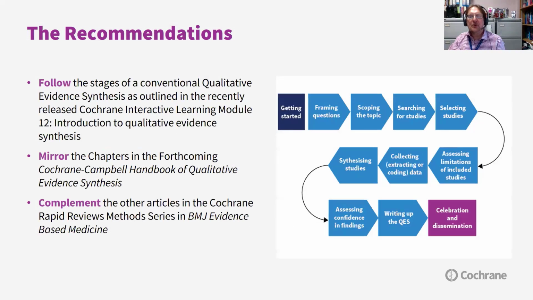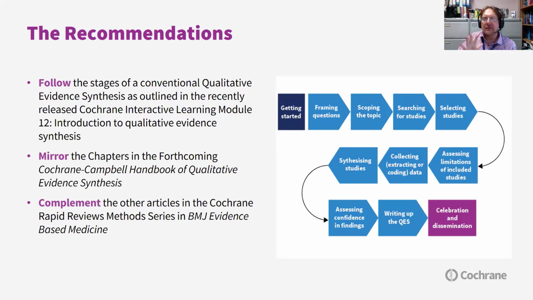So the approach we've used is common to the Rapid Review series papers. We've gone through the stages of the review, as well as having some recommendations for the overall process. This graphic here is from the new Cochrane interactive learning module number 12, which has again been launched this month, Introduction to Qualitative Evidence Synthesis.